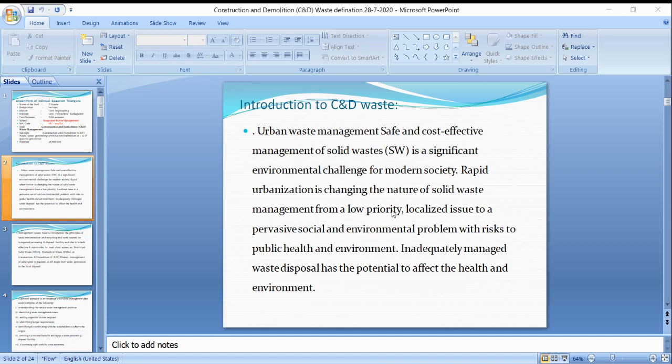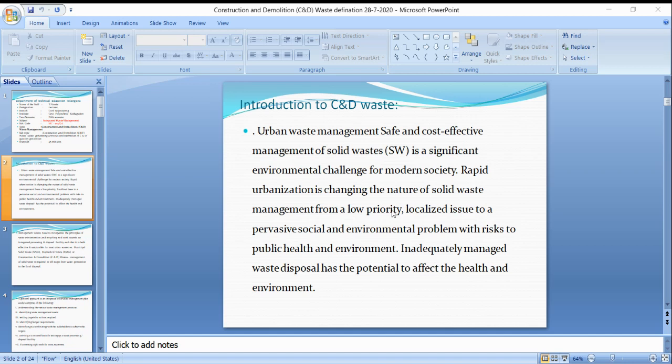Rapid urbanization is changing the nature of solid waste. Here we are getting new technology, and a lot of changes are going on according to nature, our environment and society.